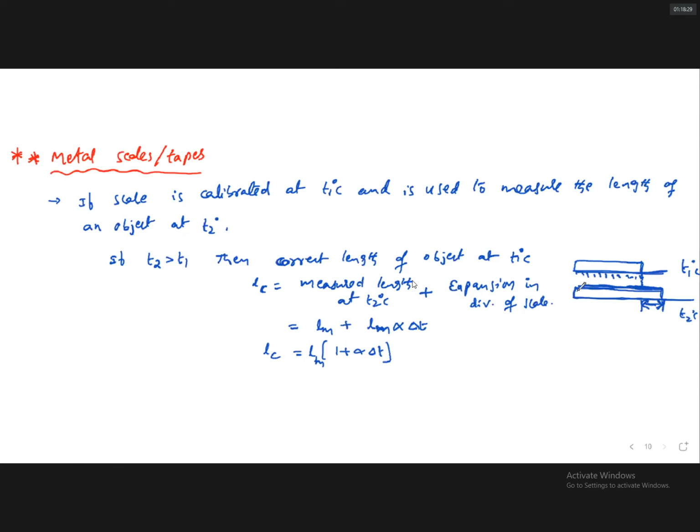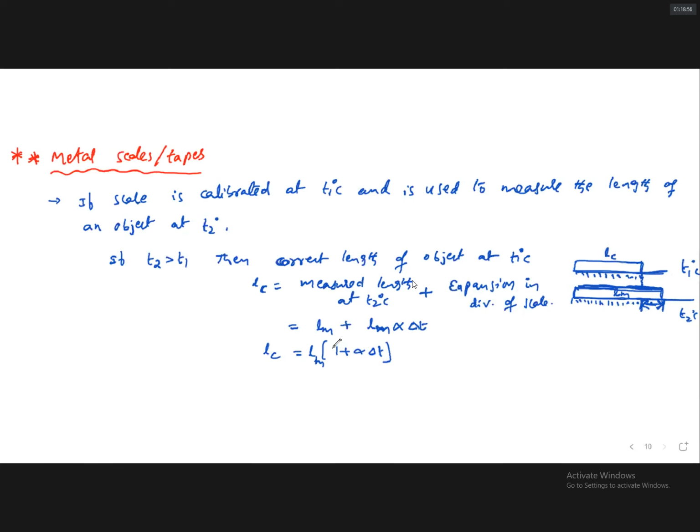In the divisions, we have some number of divisions, and the distance between the divisions increases. Therefore, we subtract the expansion of the scale in this measured length, not the entire scale, to get the correct length of the body at T1 degrees Celsius.